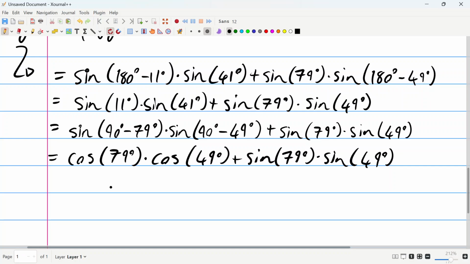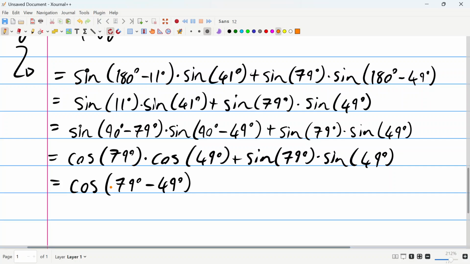Do you see that we have cos A, cos B, plus sine A, sine B? And because there's a plus sign, and we know that cos, sine is a form of cosine. And whenever we have a positive on one side, we'll have a negative on the other side. Meaning, this should be in the form of cos of A minus B, where A is represented by 79 degrees, and then B is 49 degrees.